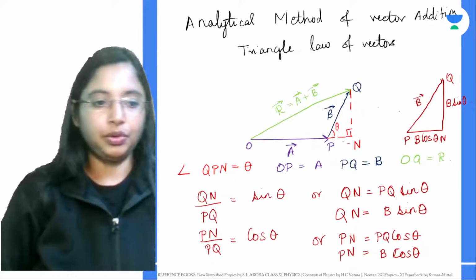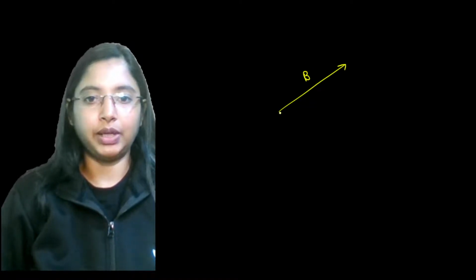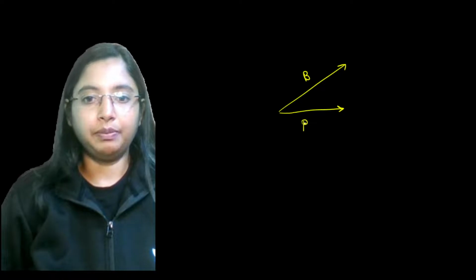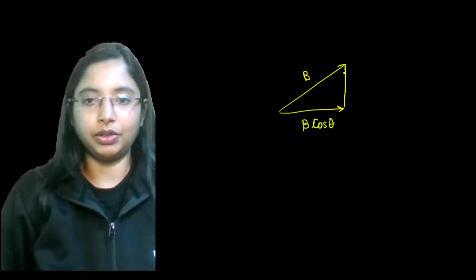So you have resolved this vector into two components. Let's say you have a vector B; you can resolve it into two components, one is B cos theta and the other is B sin theta.